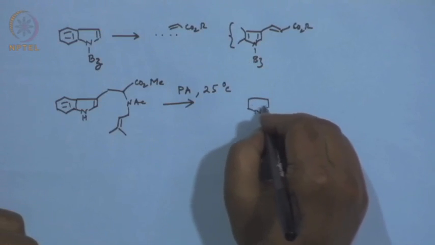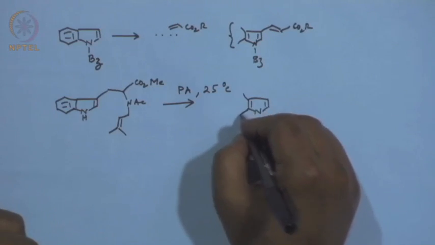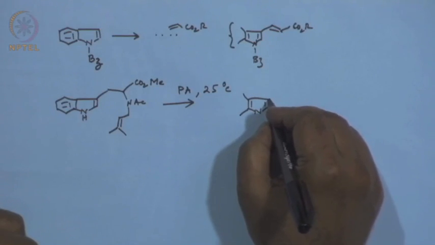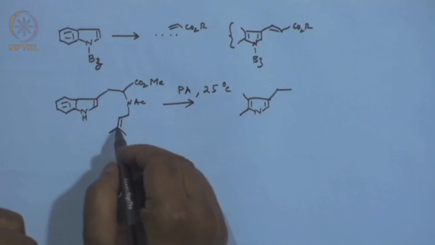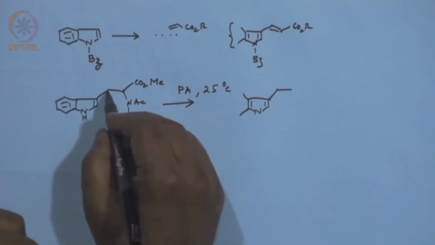Cyclization. So, cyclization taking place, but in this case the cyclization is again a little tricky, with a little bit of rearrangement, and so what you get here, you get 1, 2, 3, 4, 5, 6, 7, 8.